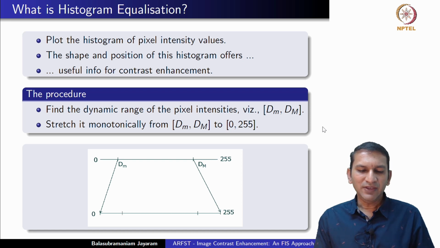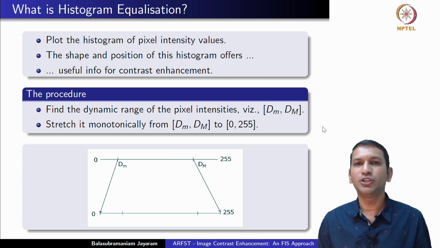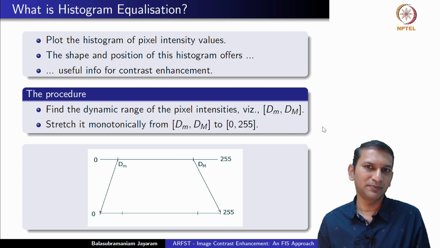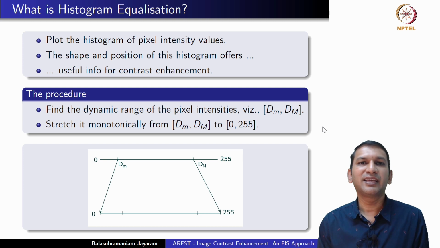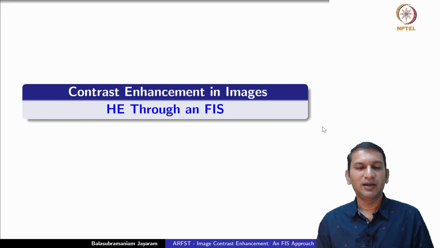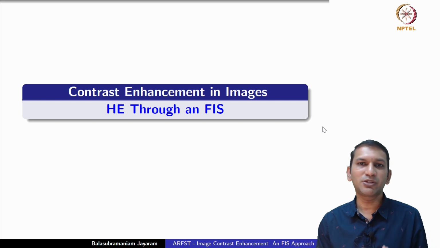Now, having seen histogram equalization as a monotonic transformation from the dynamic range to the entire 0 to 255 interval, we understand this is the system function that we want to capture. Now the question is, can we capture this by a Mamdani fuzzy inference system? Let's see what it means to build a Mamdani fuzzy inference system to capture this idea.